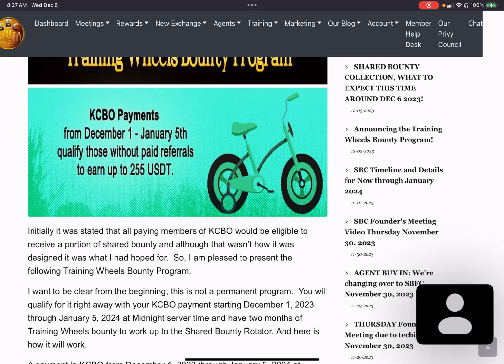So incoming payments are what drives the system. Every payment that comes in, funds get allocated to both the shared bounty program and to the training wheels bounty program. Another important note that I mentioned is that the training wheels bounty program is coming out of the admin side.